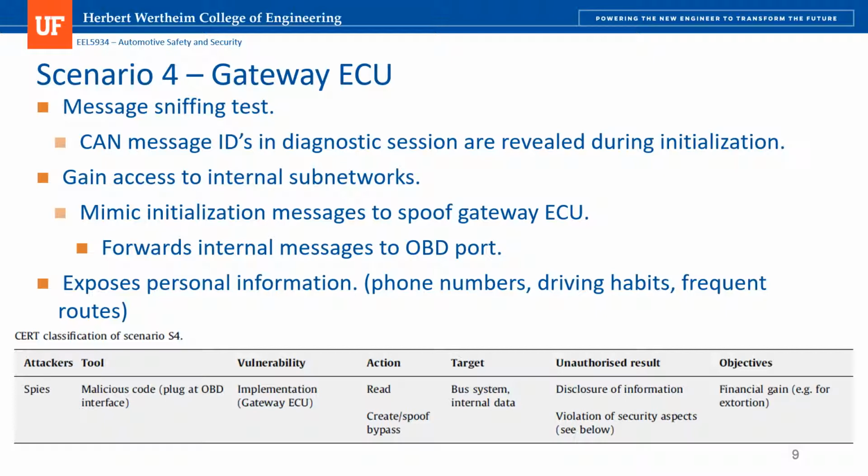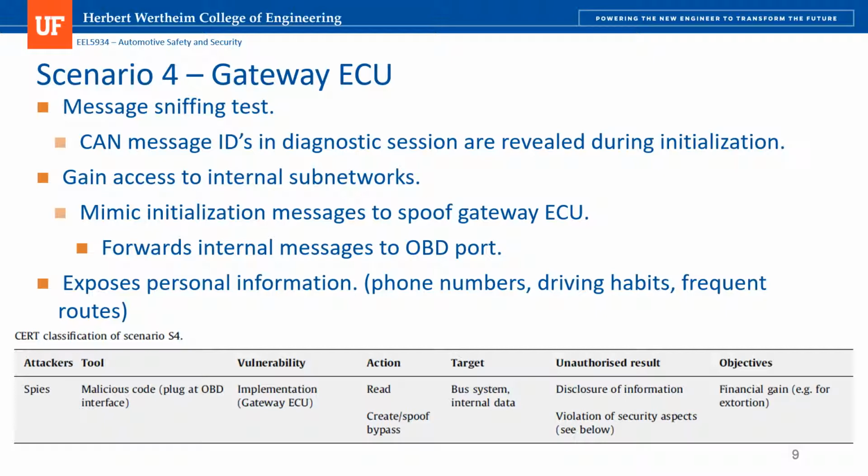And what they did was they were just doing message sniffing of the communications for the gateway ECU and some other network nodes. And what they found out was that the CAN message IDs were used in the diagnostic session for initialization, and so this enabled them to know the message IDs of certain components that could access the internal subnetworks.